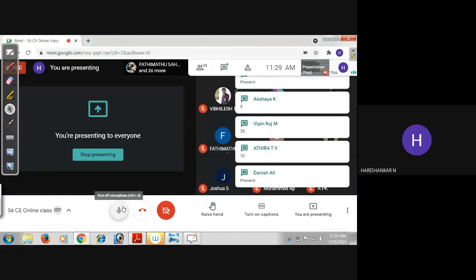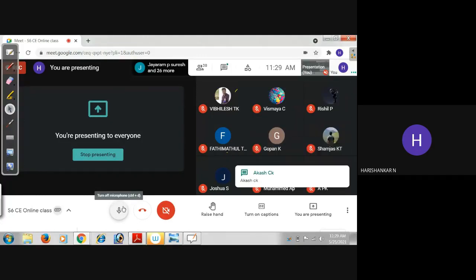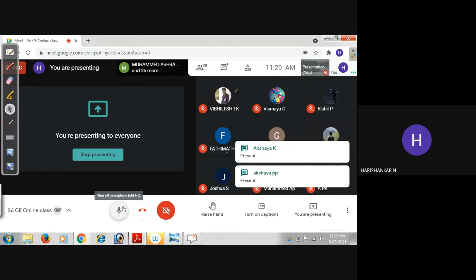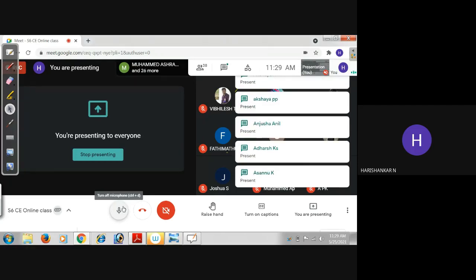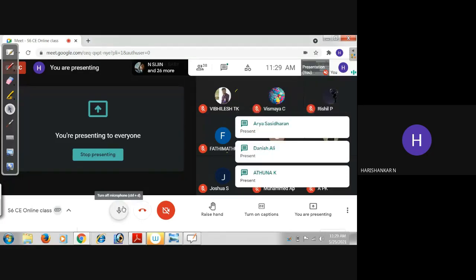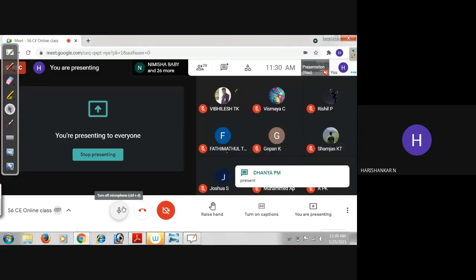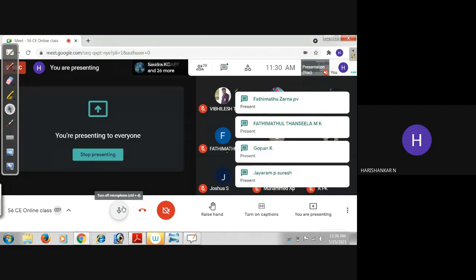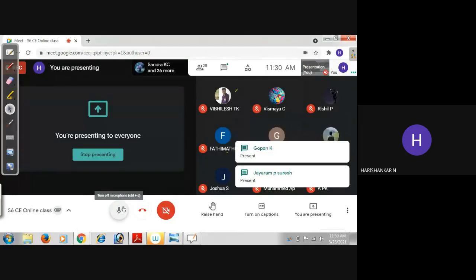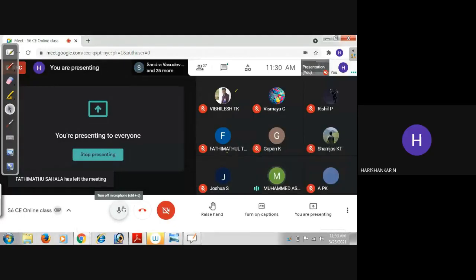Okay, Abhirami, Adarsh, Akshay, Akshaya, Anjusha, Arya, Danish, Danya, Fatima, Govan, Jairam, Joshua, Ashraf present.